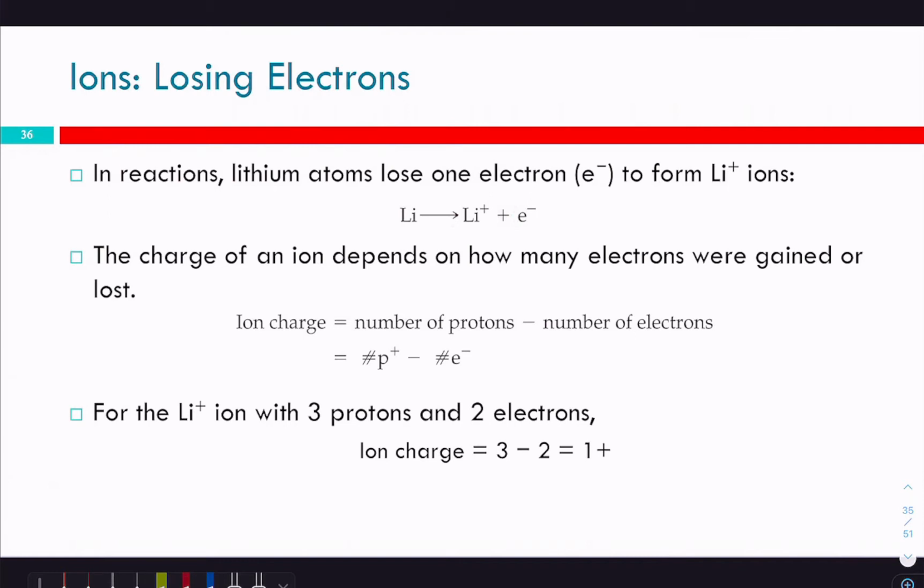You can calculate the charge on an ion depending on how many electrons are gained or lost. Your ion charge is going to be the number of protons minus the number of electrons. So for this lithium plus, with 3 protons and 2 electrons, we get 3 minus 2 equals 1+.